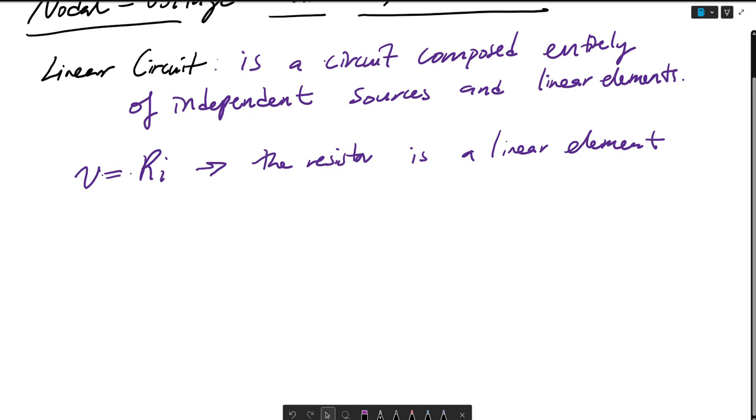And linear elements have two main characteristics. The first is the homogeneity property.